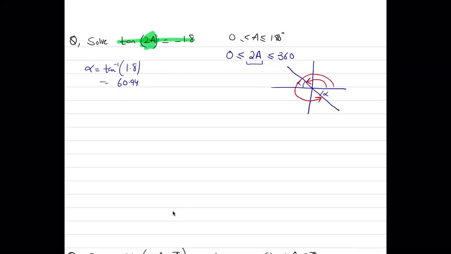So what is the first angle going to be for 2a? The first one is 119.06. And the second, 360 minus 60.94, so 299.06. Is that what you are getting?